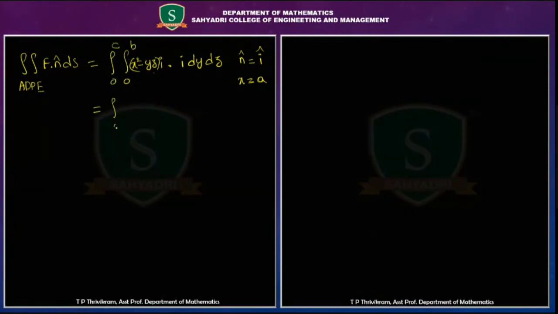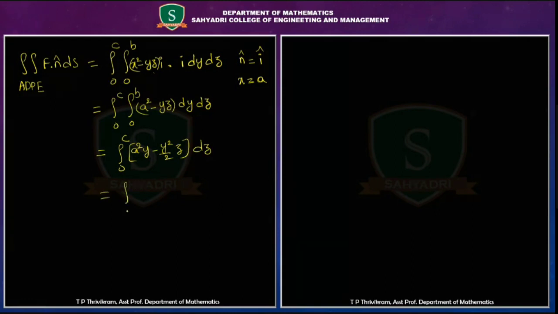So it is equal to integral 0 to c. Substitute this, we'll get 0 to b, a square minus yz, dy dz. So this one is equal to integral 0 to c. Apply the integration with respect to y, you'll get a square y minus y square by 2 z, dz.